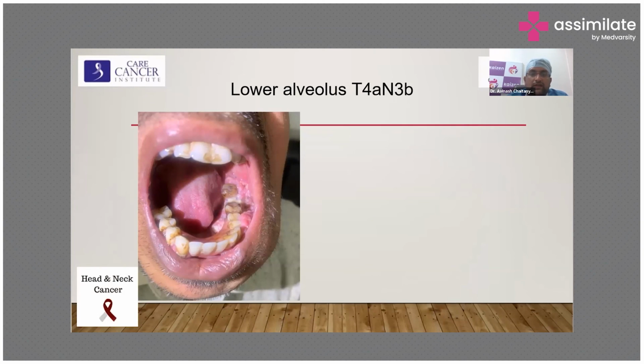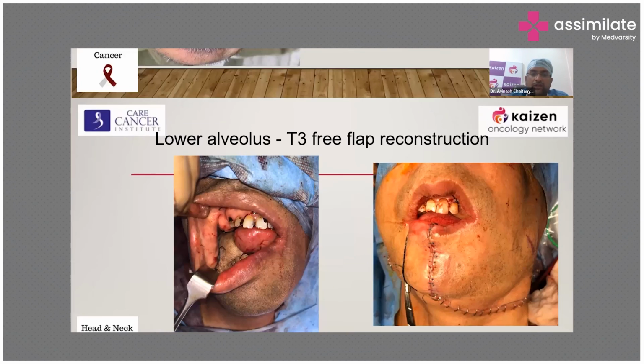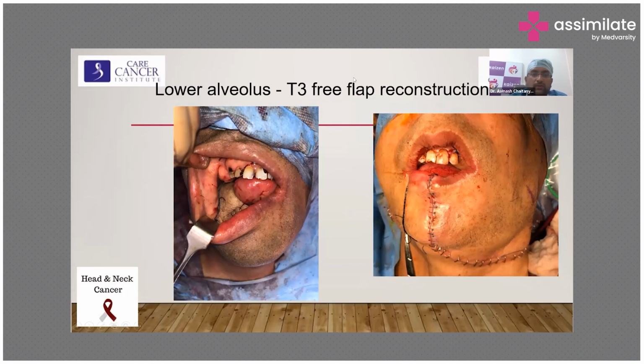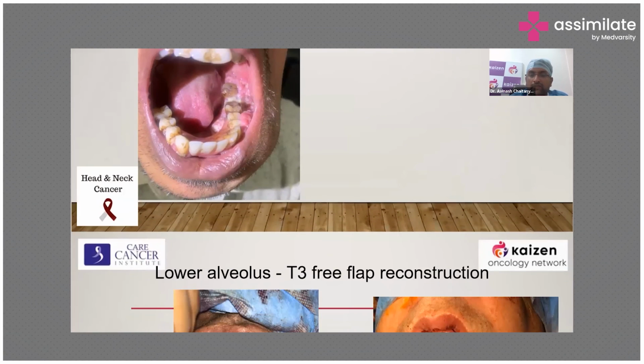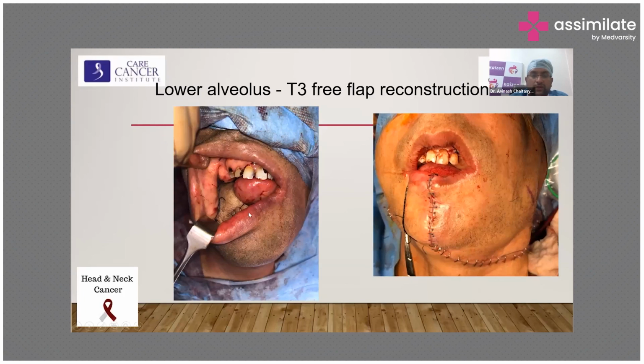So these are the lesions which require reconstruction for sure. That is, the alveolus has been totally involved and it requires a fibula reconstruction. I can show you the image here. This is the image of the same person that I was showing you earlier, and this is an image of another person, with mouth open.